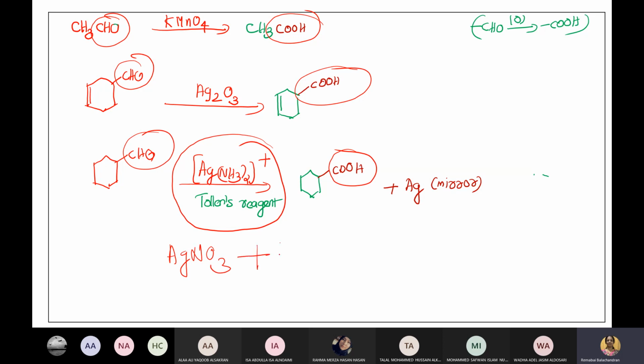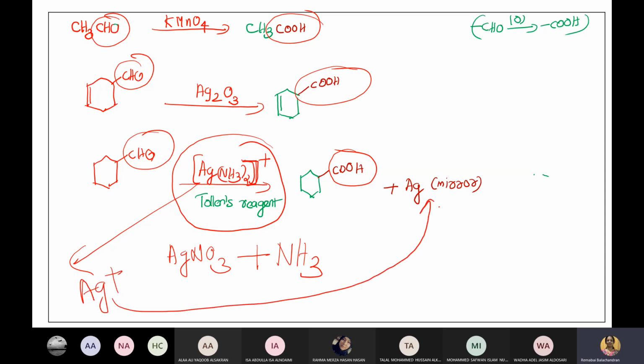If you treat silver nitrate with ammonia solution, you will get this Tollens reagent. This is a complex compound, not a normal compound. Okay, and aldehyde will be converted to acid. In Tollens reagent, there is Ag plus. Now Ag plus is reduced to silver. You know silver exists as a mirror, silver mirror.